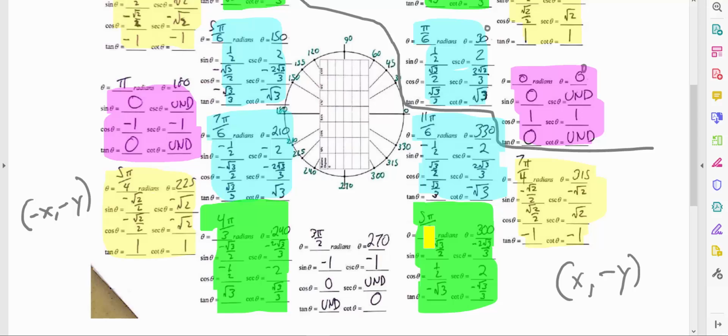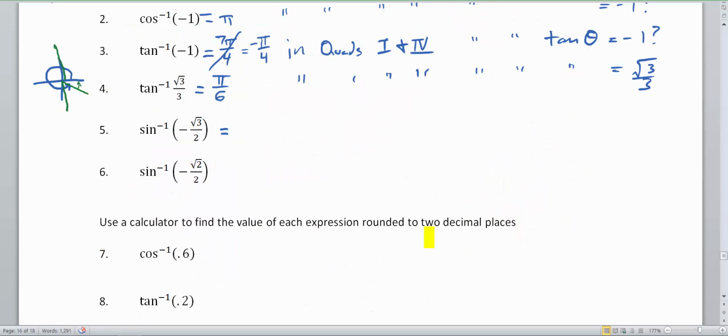But we can't write down 5 pi over 3 because it's bigger than positive pi over 2 and negative pi over 2. So we're going to put down negative pi over 3, because negative pi over 3 has the same terminal side of your angle as the positive 5 pi over 3. So this is your answer.